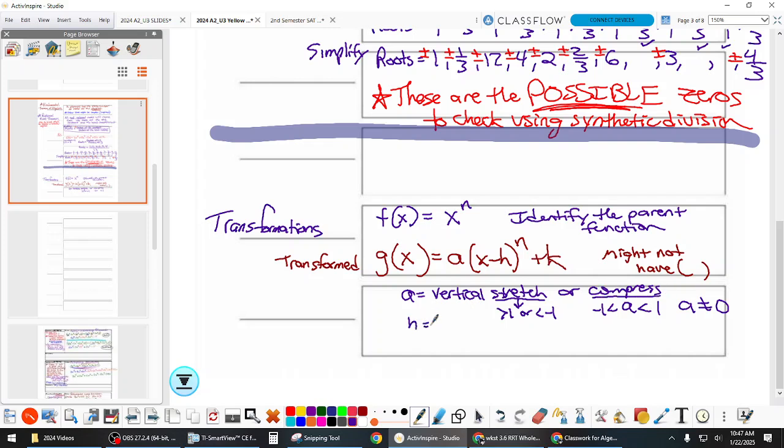What does H do? If it says plus a number, move left. If it says minus a number, move right. I'm going quickly because we've written this. This is the third time now. Okay. Positive, move up. Negative, move down.